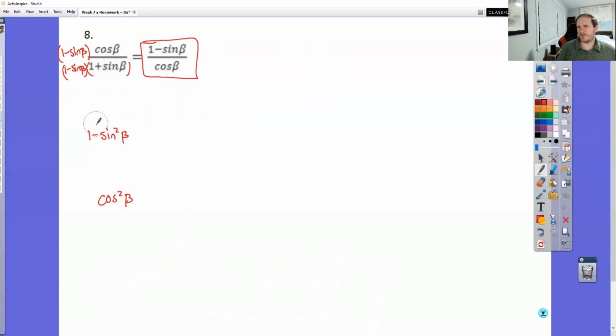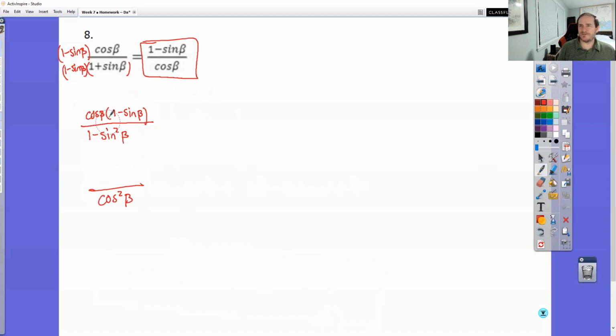Okay, so I left out a lot of work here. What's happening in the numerator? You would have cosine beta multiplying 1 minus sine beta. And you usually want to wait before you distribute things, because often distributing things is wrong. So don't do it immediately. Just give yourself a minute.